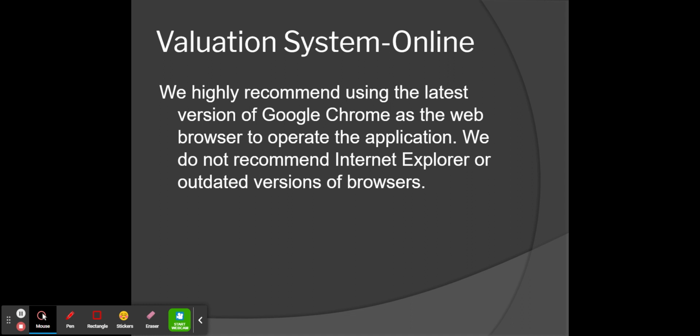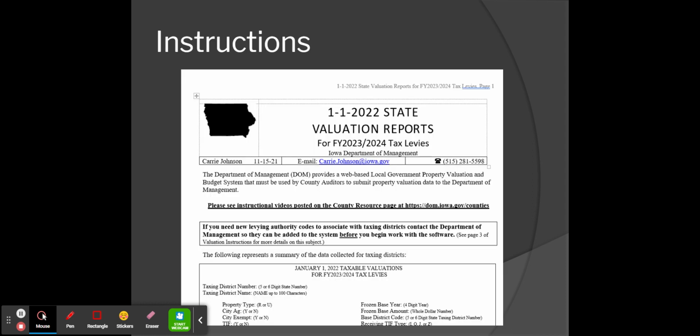It may compromise its functionality. So, as in prior years, I will provide a set of instructions via PDF. You can access it within the system, and when I open up the system, I always include it as an attachment to the email notification that the system is open.